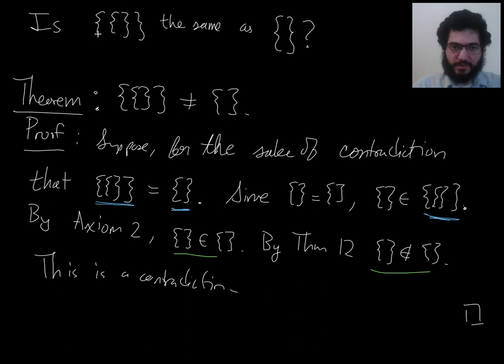Okay, so even though both of these things feel like they are empty, they are different things. This one is truly empty, it has no elements, but this one has an element. So they cannot be the same thing.